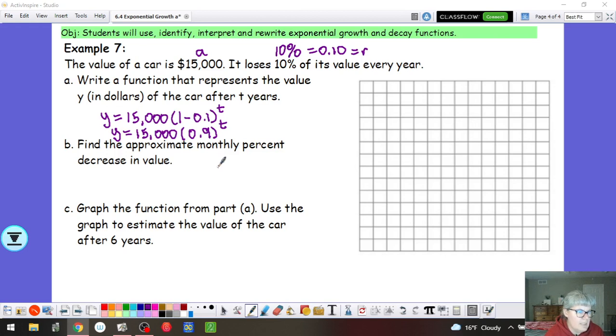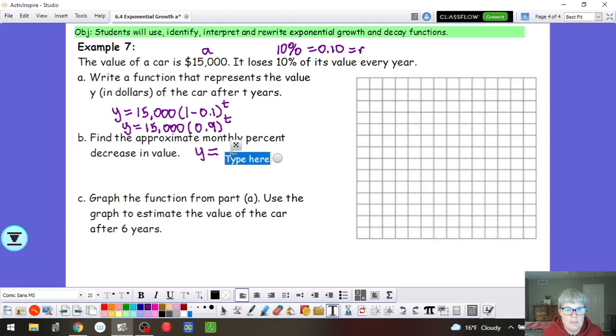So we want to rewrite it as y equals 15,000 times 0.9, and what we're going to calculate is 1/12 of 12t. 1/12 times 12 equals 1 year.